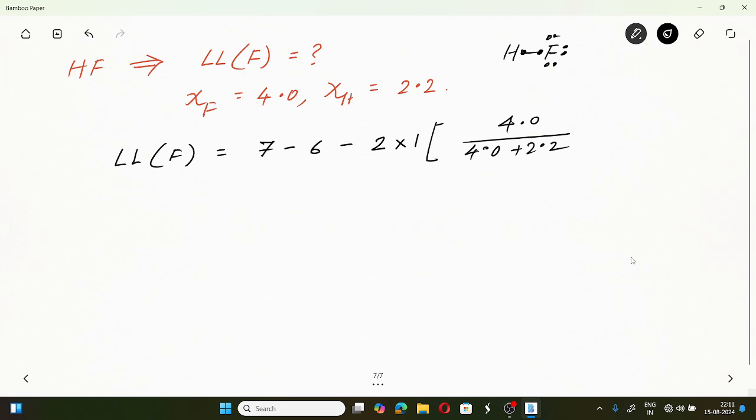If you calculate, the value comes to minus 0.29.